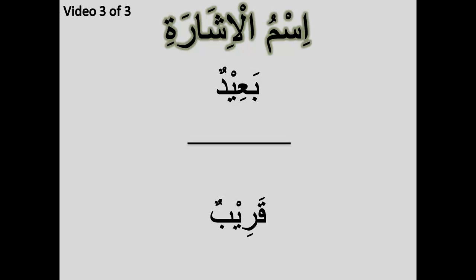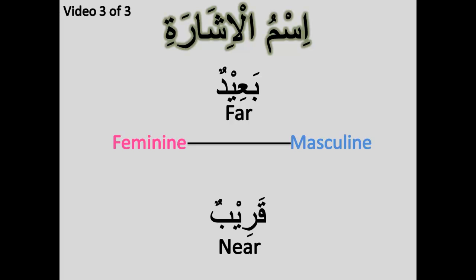So let's continue. Just on a recap, Ismul Ishaarah, you should know that it's divided into two categories. It is Ba'idun and Qarib, which by now you know is far and near. Also, Ismul Ishaarah is divided into another two categories, which is masculine and feminine. And then Qaribun near and Ba'idun far.